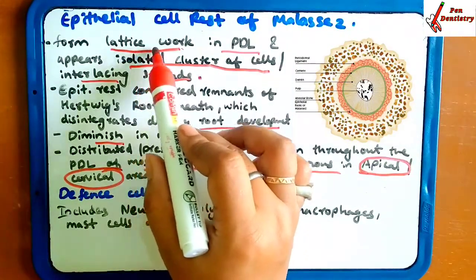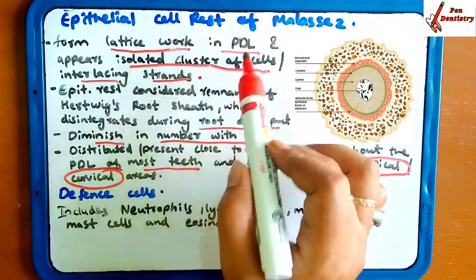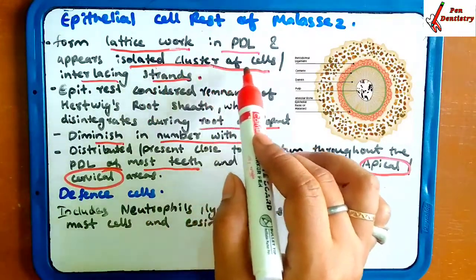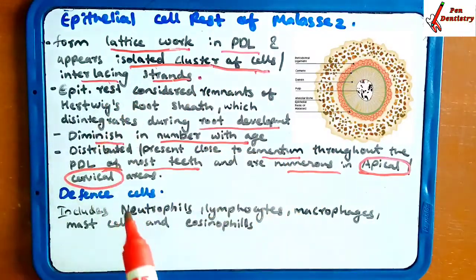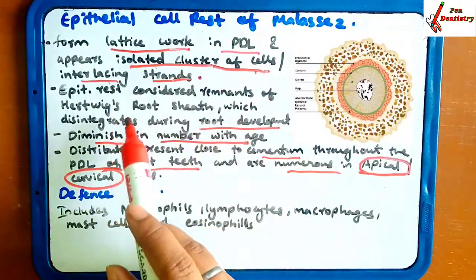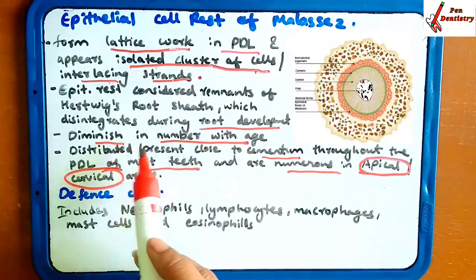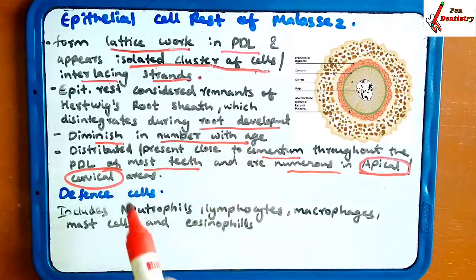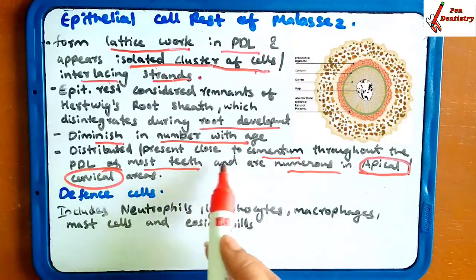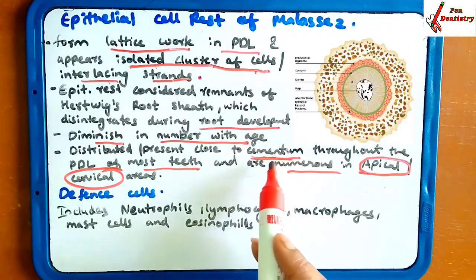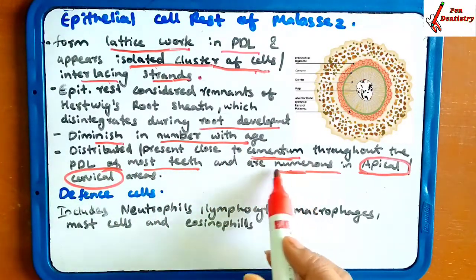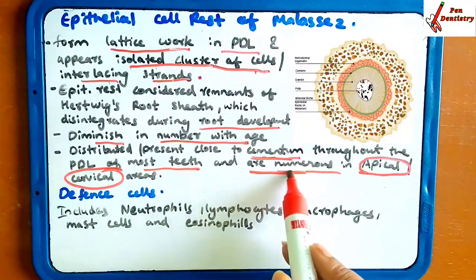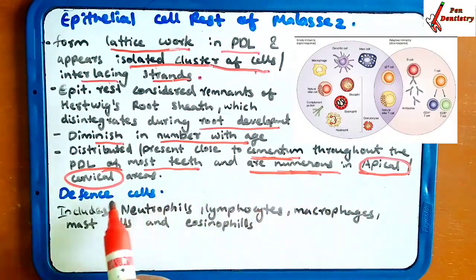It occurs as a lattice work in PDL, isolated clusters of cells, interlacing strands, and it is a remnant of Hertwig root sheath. It diminishes with increase in age, is distributed close to cementum, and is numerous in apical and cervical regions.